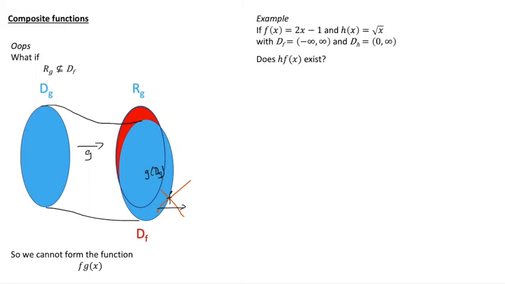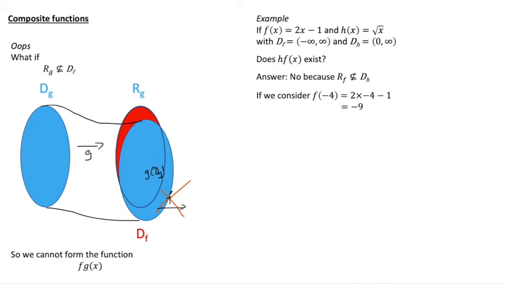Let's take an example. If f of x is 2x minus 1 and h of x is the square root of x, the domain of f is from minus infinity to infinity, and the domain of h is from 0 to infinity. Does h f of x exist? And the answer is no, because the range of f is not included in the domain of h.